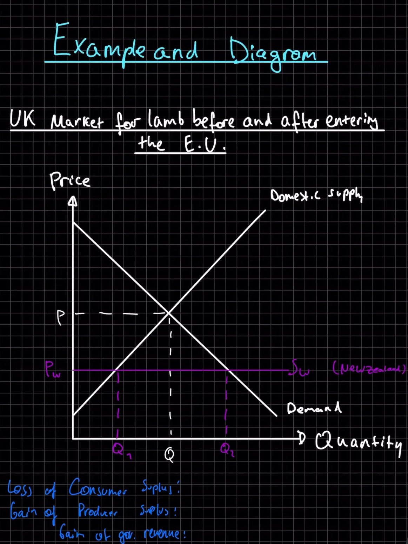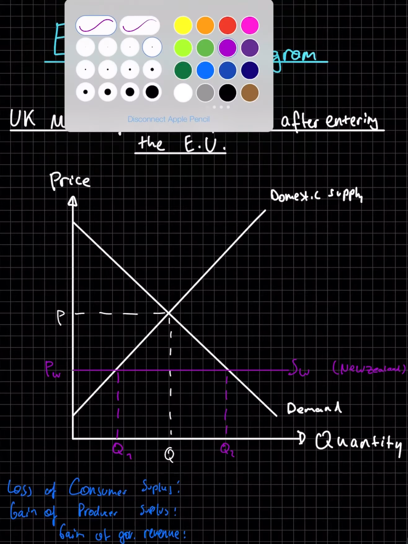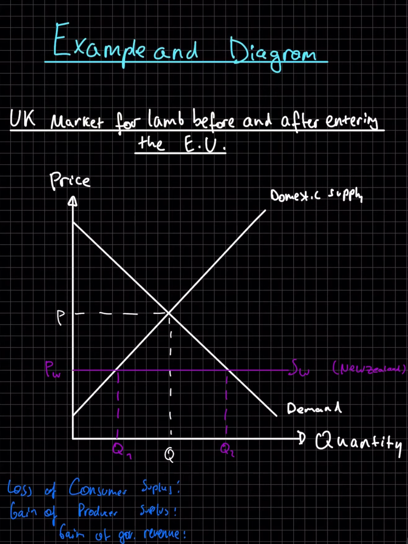So when the UK joins the EU, they're forced to put a much bigger tariff on New Zealand, which causes the world price to go up since they're importing them. And so we see here, let's call this Q3, let's call this Q4. And this is going to cause a loss in welfare.